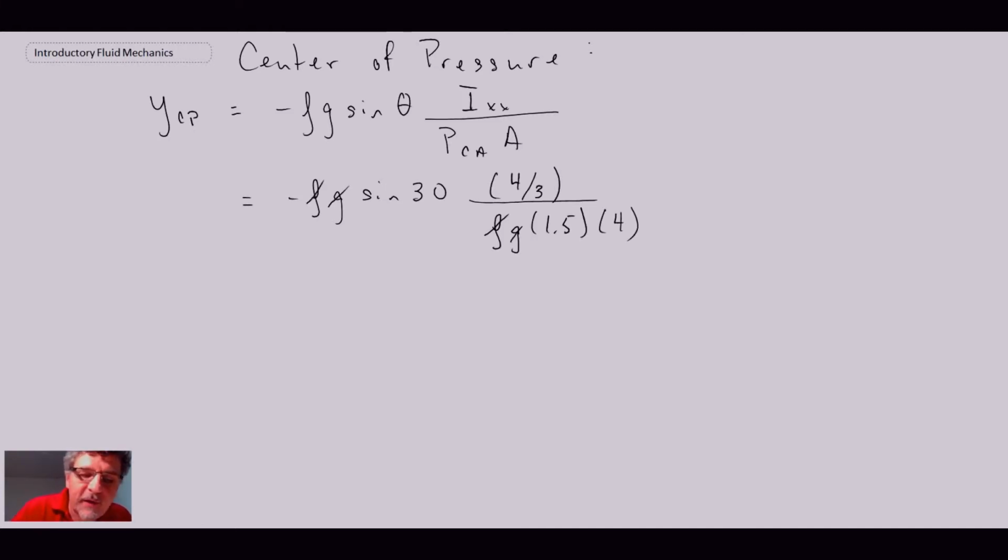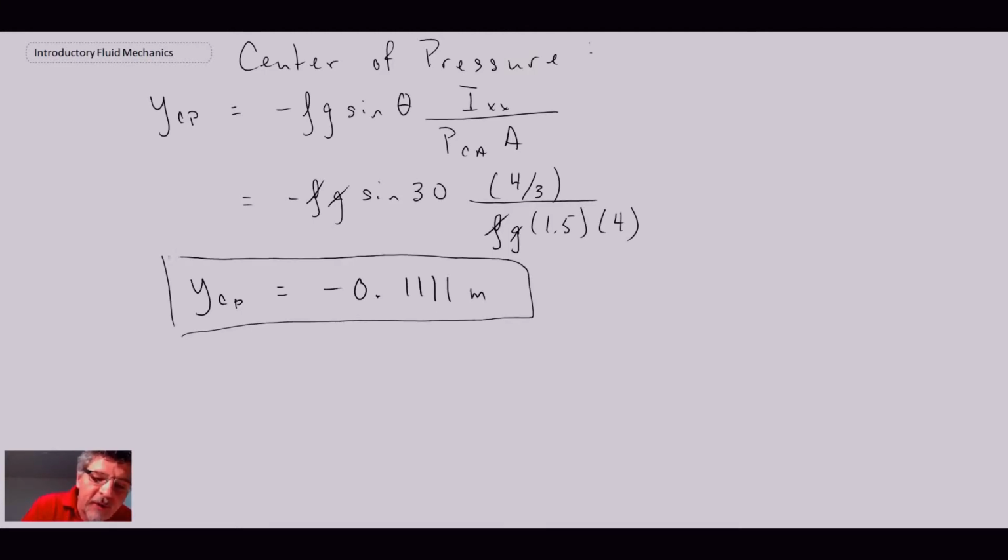So I've introduced the values for the y-axis center of pressure location, and with that, what we then obtain is YCP is minus 0.1111 meters. And remember, this is with respect to the center of area.